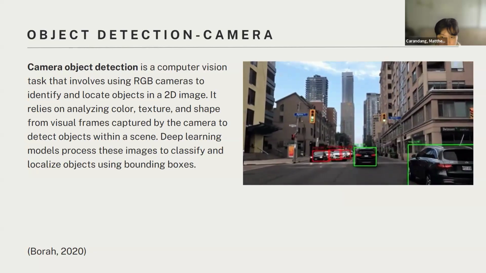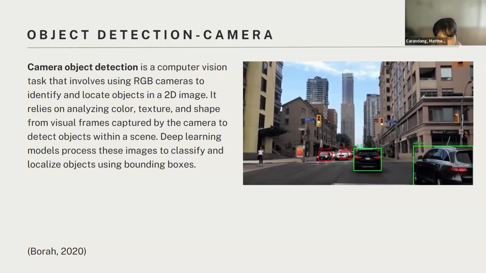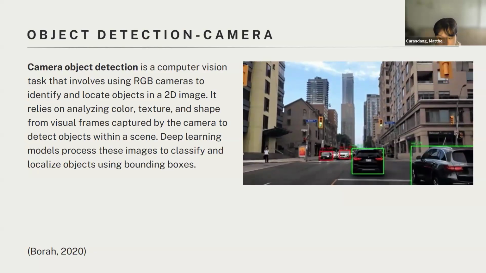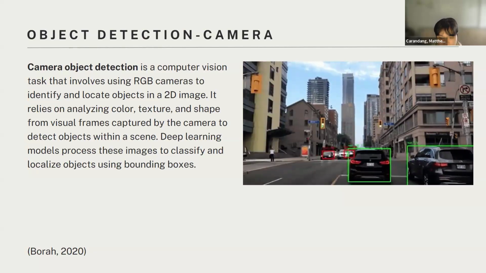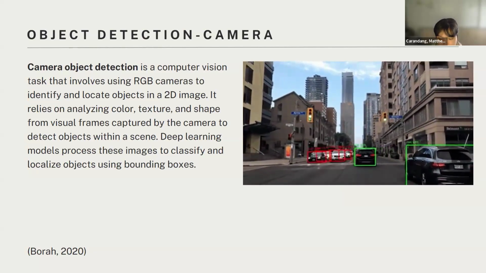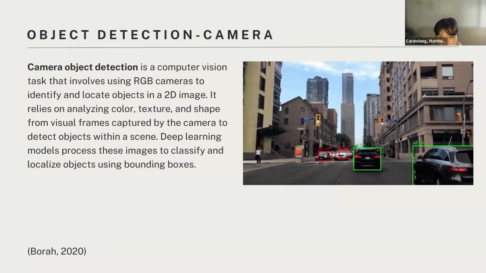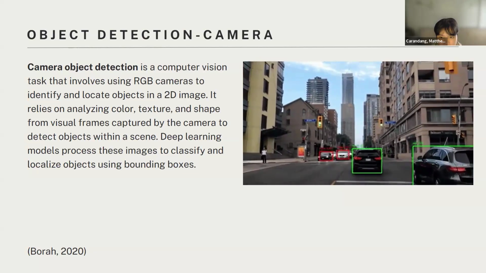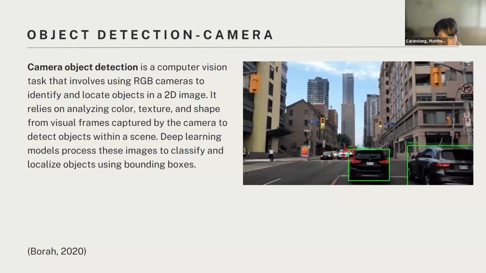The strengths of using a plain camera are that cameras have RGB pixels, so they provide color and texture information, and models usually extract features from there. It is also easy to deploy.